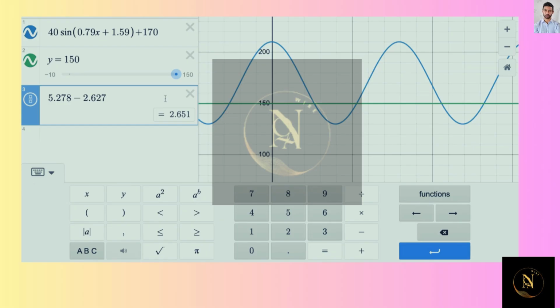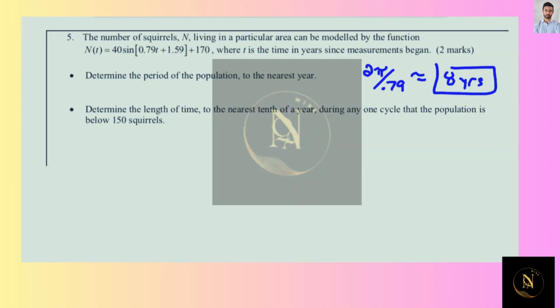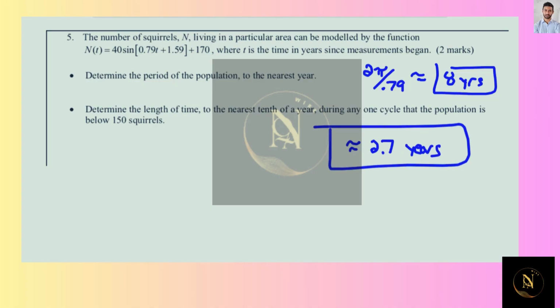We would say to the nearest tenth of a year, 2.7. For about 2.7 years in one cycle, the population is below 150 squirrels.